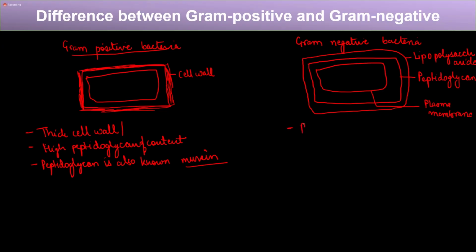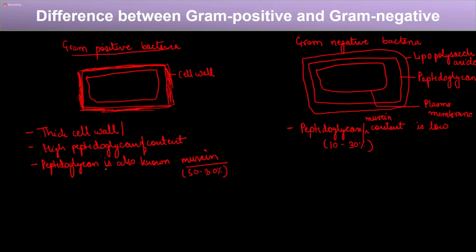So the peptidoglycan or murein content in gram-negative bacteria is low. It is around 10 to 30%, okay? But in the case of gram-positive bacteria, it's 50 to 80%.